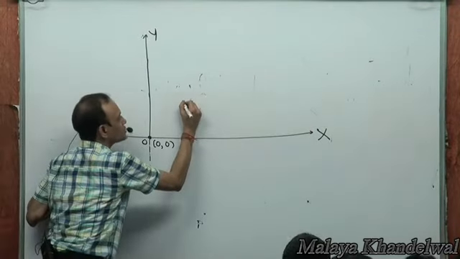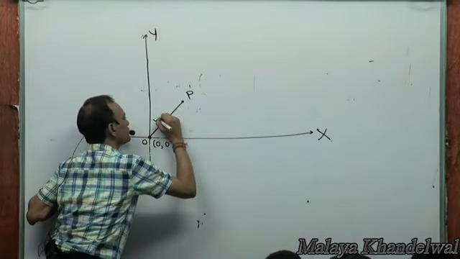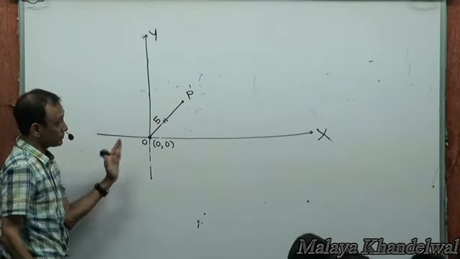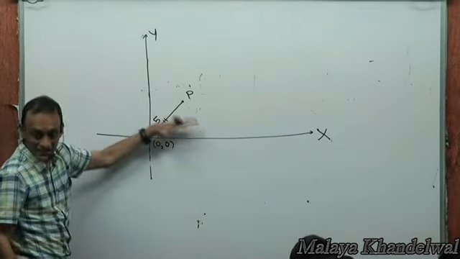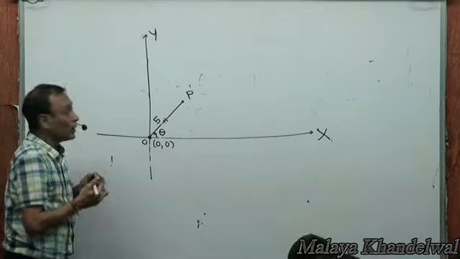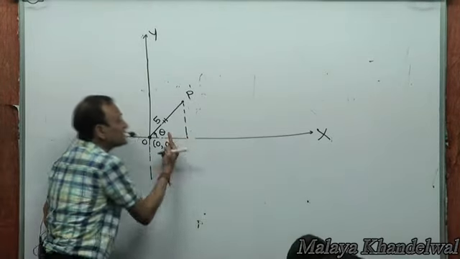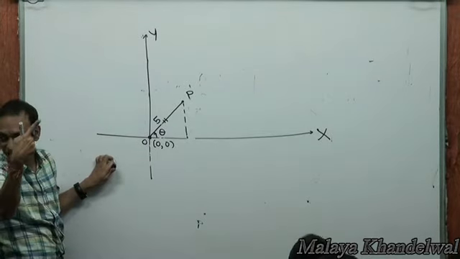A point P moves such that OP remains 5 units. Now, while the point P moves, the orientation of OP is changing with time, isn't it? That means this theta is changing with time. All right. Now, at any given instant of time, this theta would be different for different positions of P. Theta is my parameter here, right?